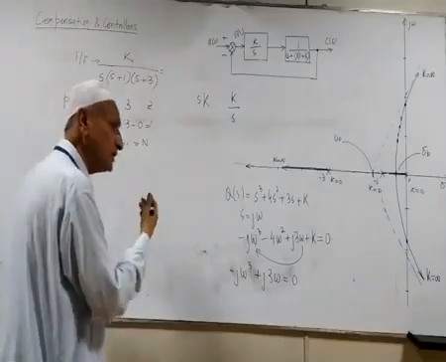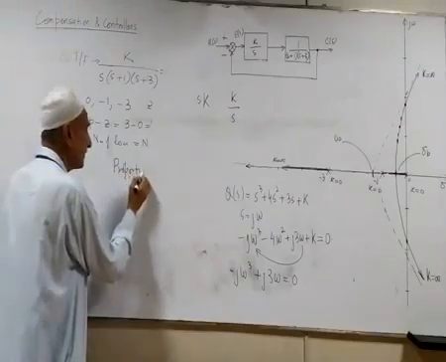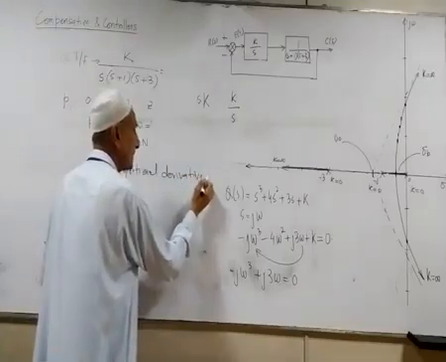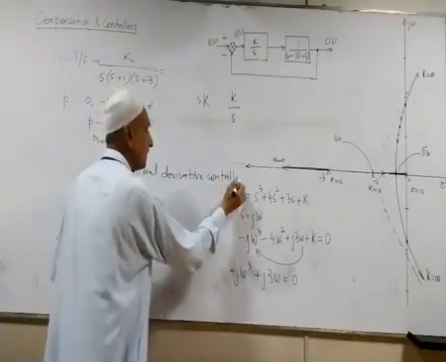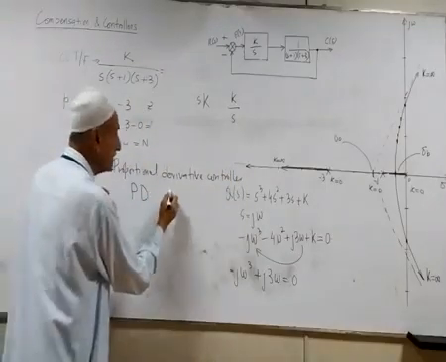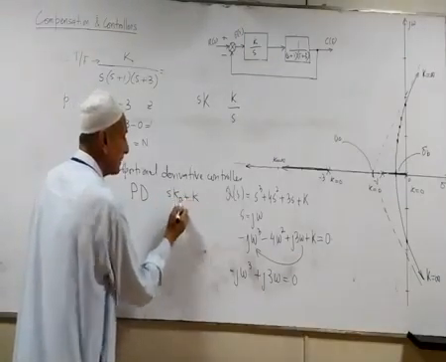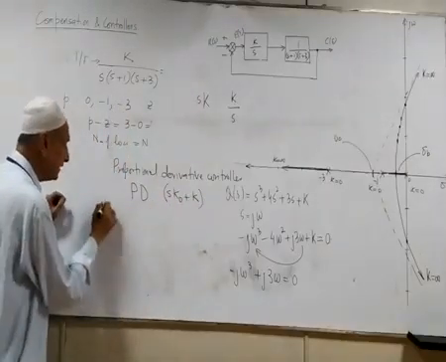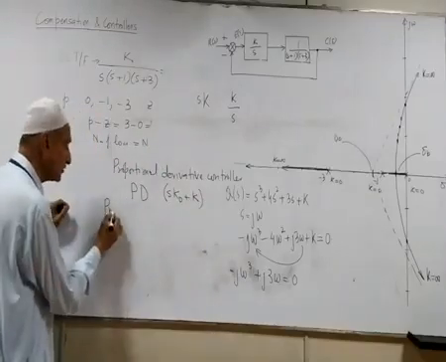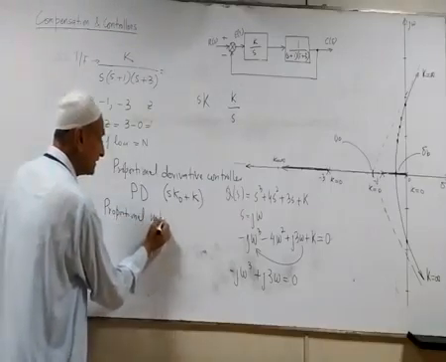Practically, we have proportional derivative controller, which is called PD, proportional derivative, and the transfer function is something like S K_D plus K. Then instead of a pure gain integral controller, we have proportional integral controller.